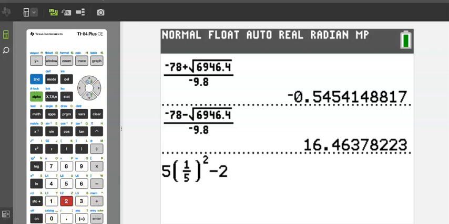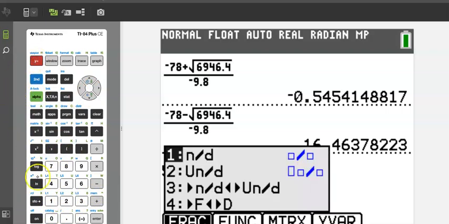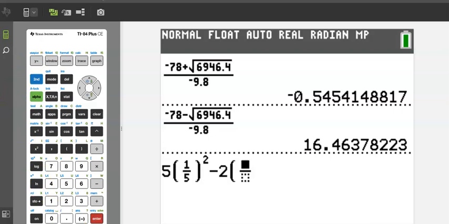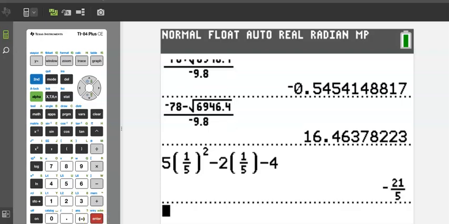Minus 2, parenthesis, alpha y equals, because we're putting in a fraction, 1 over 5, and then minus 4. Hit enter. They get negative 21 over 5.